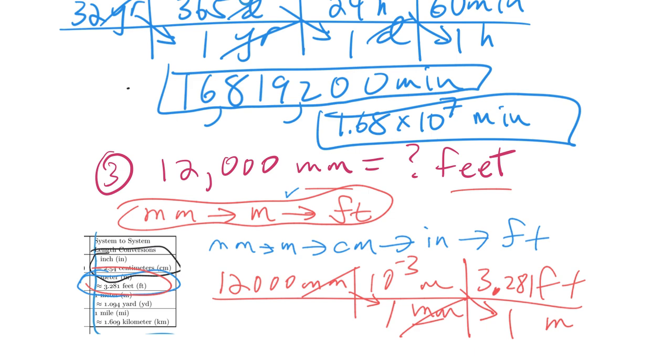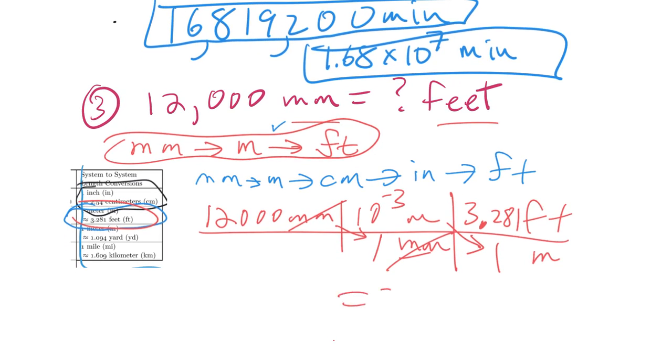And I get 39.372. So I'll leave it like that. 39.37 feet, because all the other units cancel out.